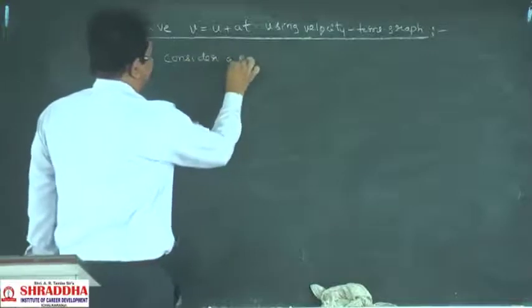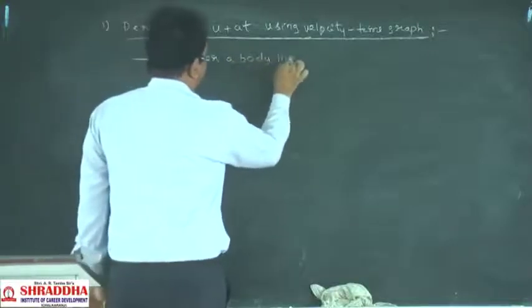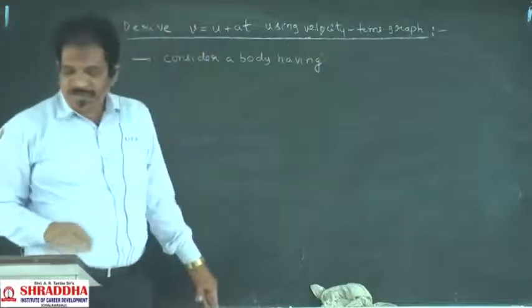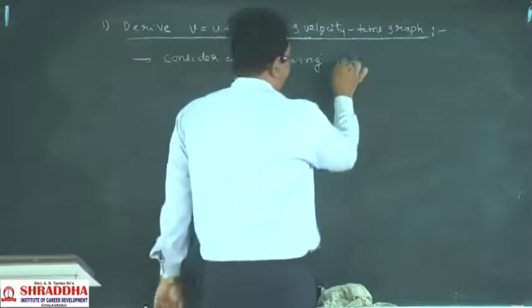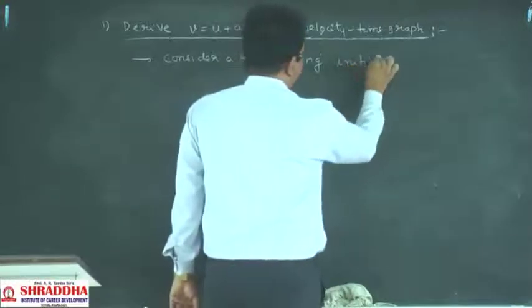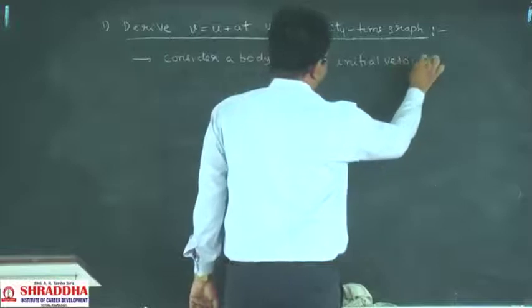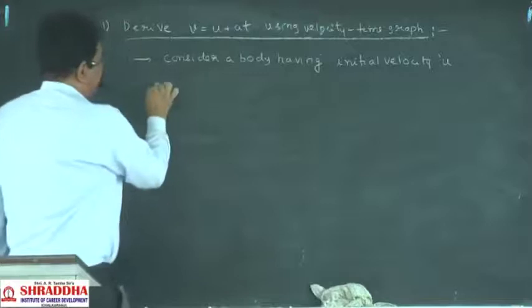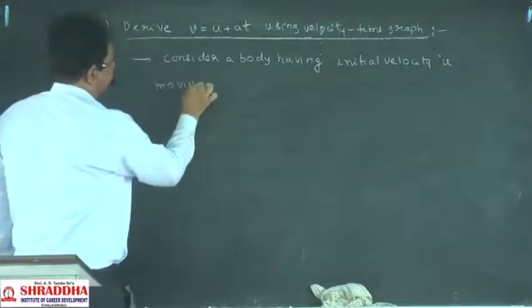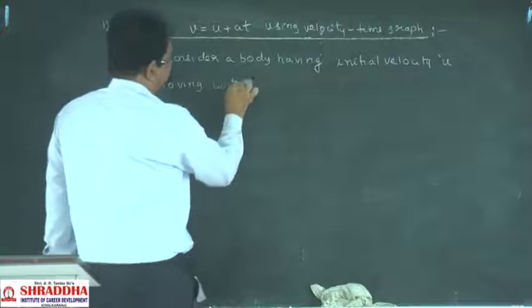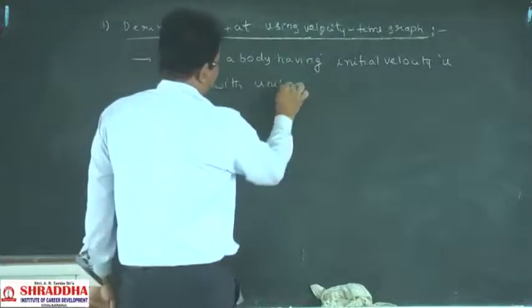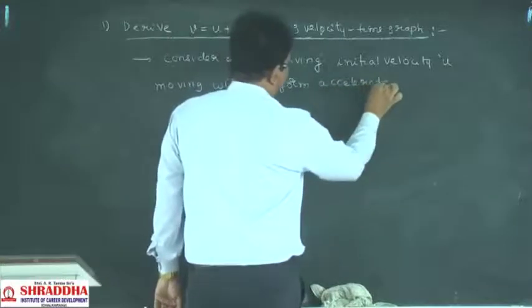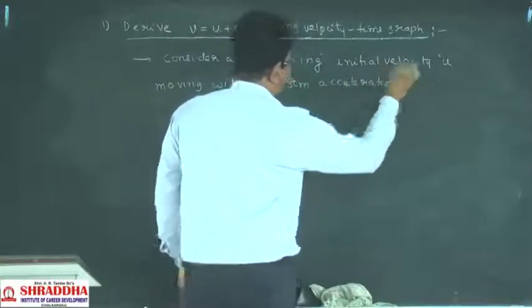Consider a body having initial velocity u moving with uniform acceleration a.